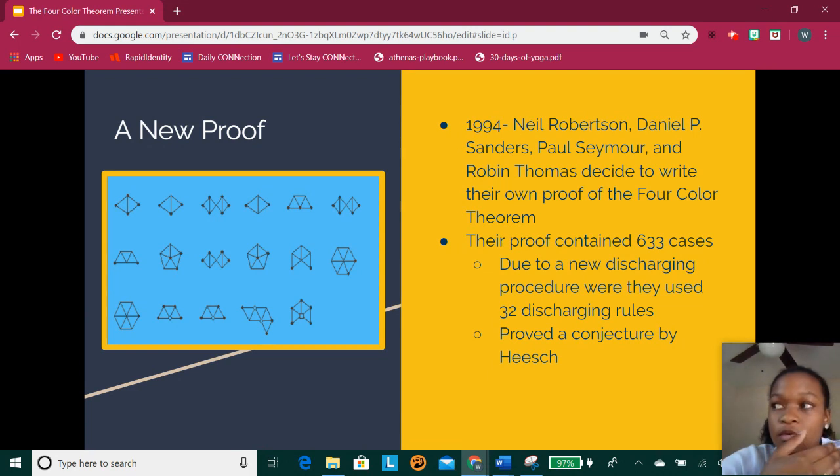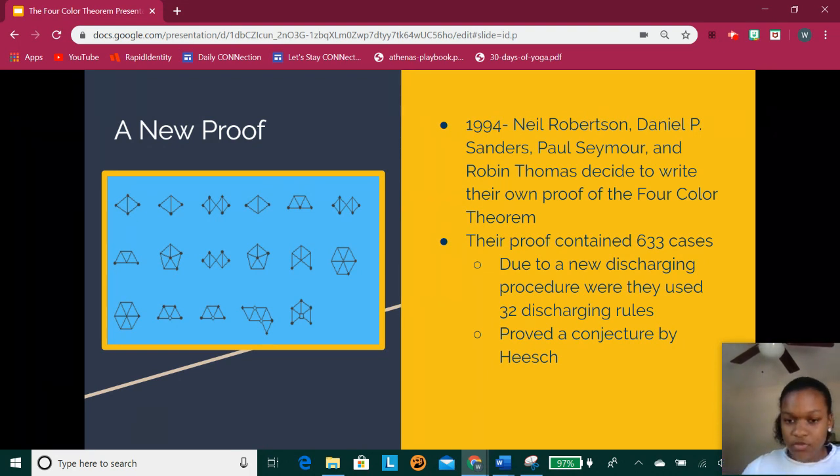As they were hand checking the configurations to make sure they were unavoidable and reducible, they found the process tedious as well, so they figured, okay, let's make this proof shorter and easier to check and just make our own proof. As a result, instead of 1,400 cases, their proof contained 633 cases.